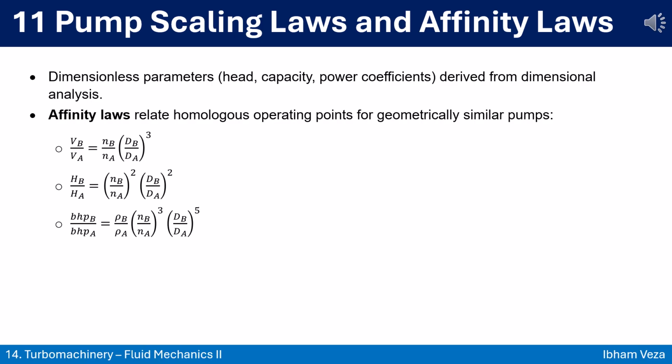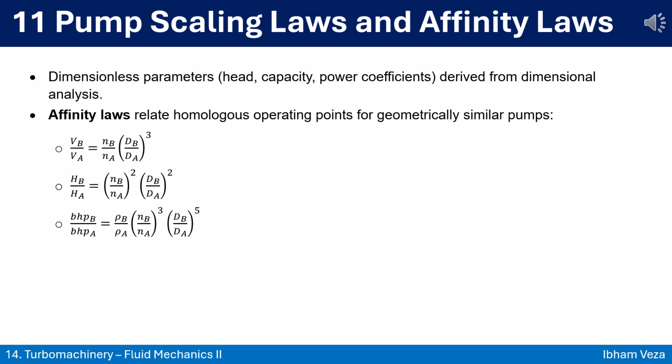The affinity laws form a set of powerful proportional relationships. They relate flow rate, head, and power to changes in impeller diameter and rotational speed. These relationships are essential when you want to scale up a prototype, modify a system for different requirements, or analyze performance across different operating points.